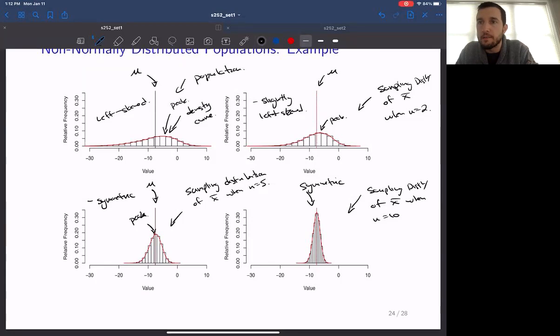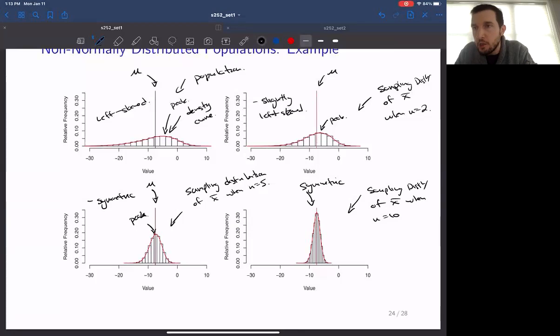If you collect enough information, the distribution of the sample mean, so the sampling distribution of X bar, becomes normal. The sample itself will always have the same distribution as the population.